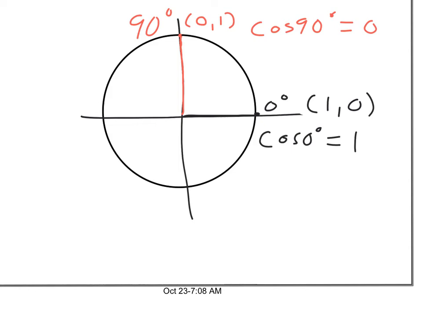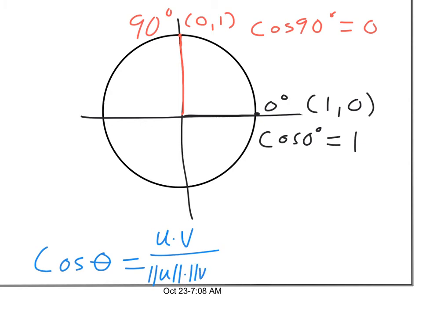So if we go back to our formula with this piece of information, that the cosine of an angle formed by two vectors is u dot v over the magnitude of u times the magnitude of v. Now, let's say if this whole thing were to equal 0, remember this gives us a cosine value.